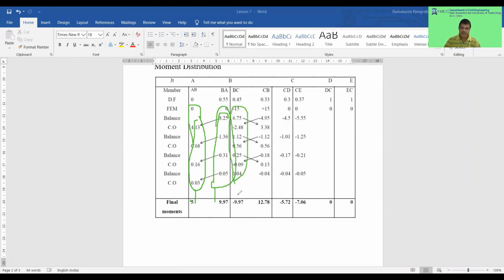Similarly, you go on adding the moments in this column. And here you already have 0, and here also already 0.